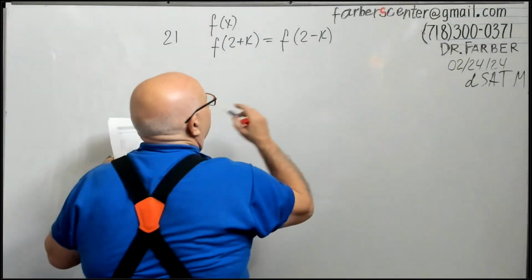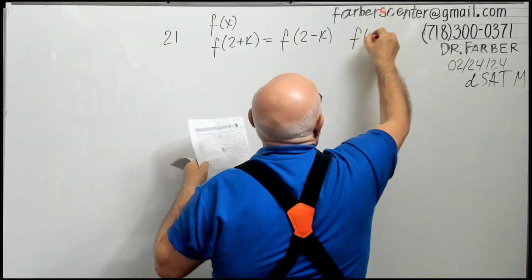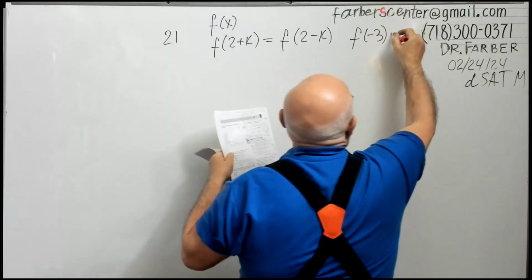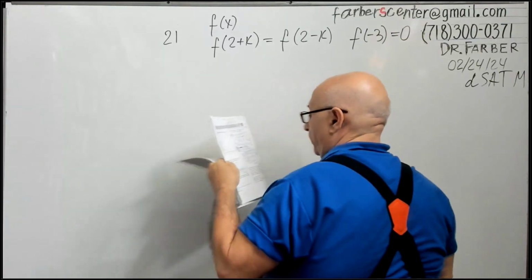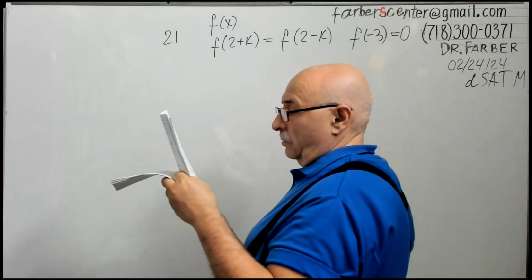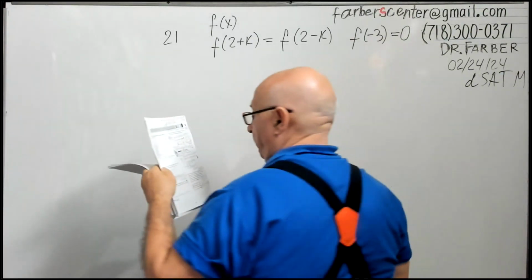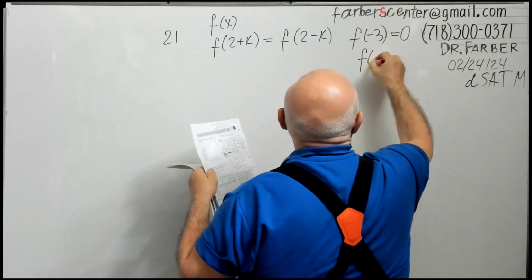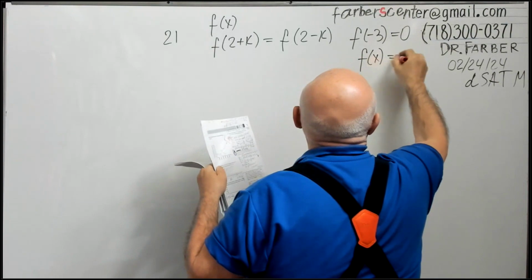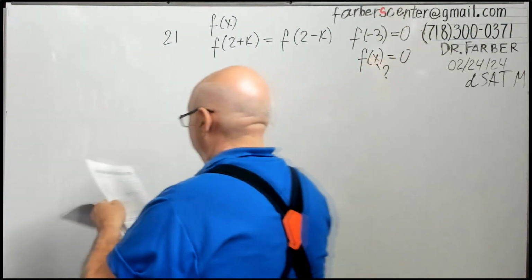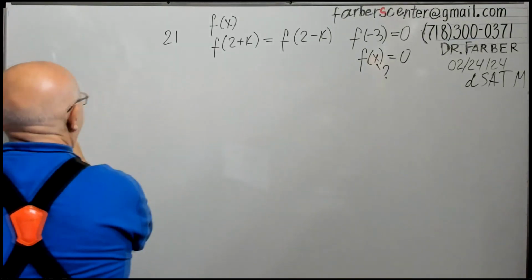In addition, f of -3 equals 0. For which x is f of x also equal to 0? Well, try to understand what is represented here.